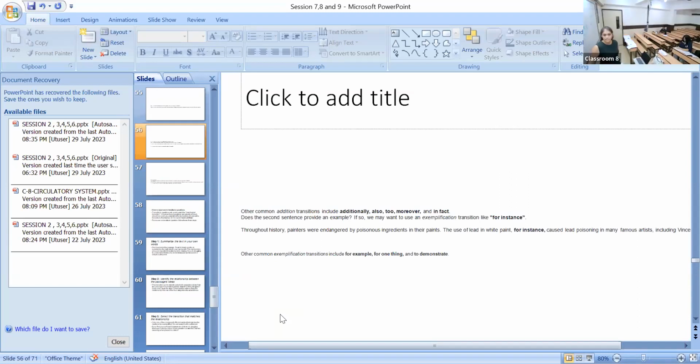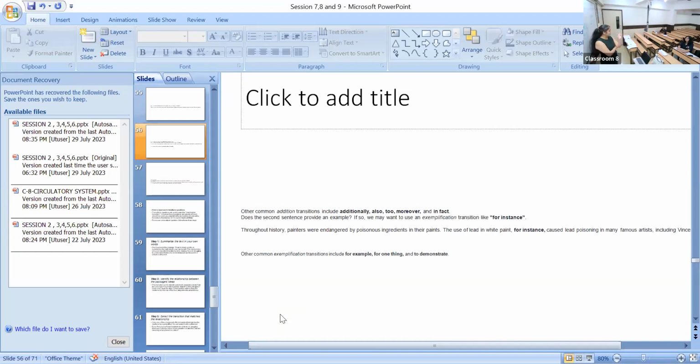Done? Okay. Now the second thing is, if the second sentence provides an example, you don't need to write this. That means for example, for instance. That's basic. This exemplification transition is like for example, or you can use to demonstrate, or for one thing.